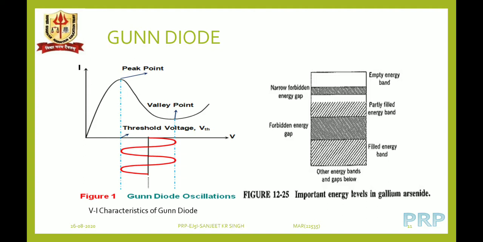As it is jumping from a less dense to a more dense area, the electron mobility is restricted, and therefore it will exhibit negative resistance characteristics, meaning current will not increase because the electron movement is restricted in the higher energy level.